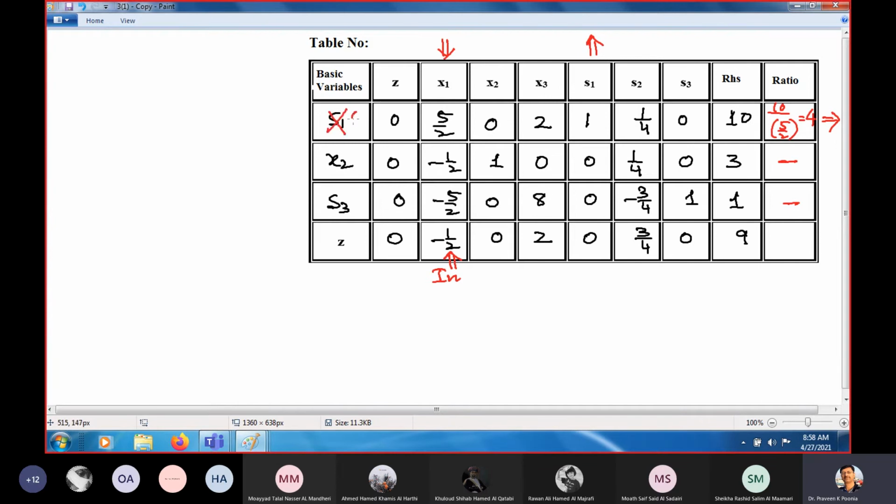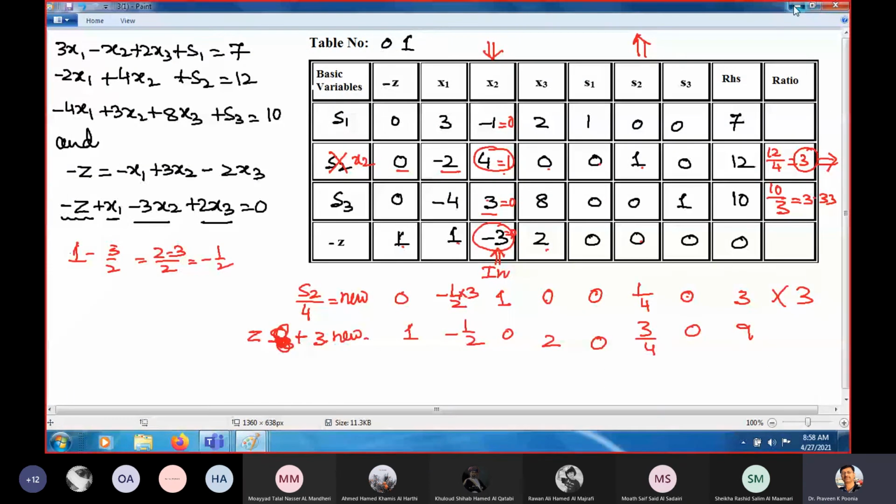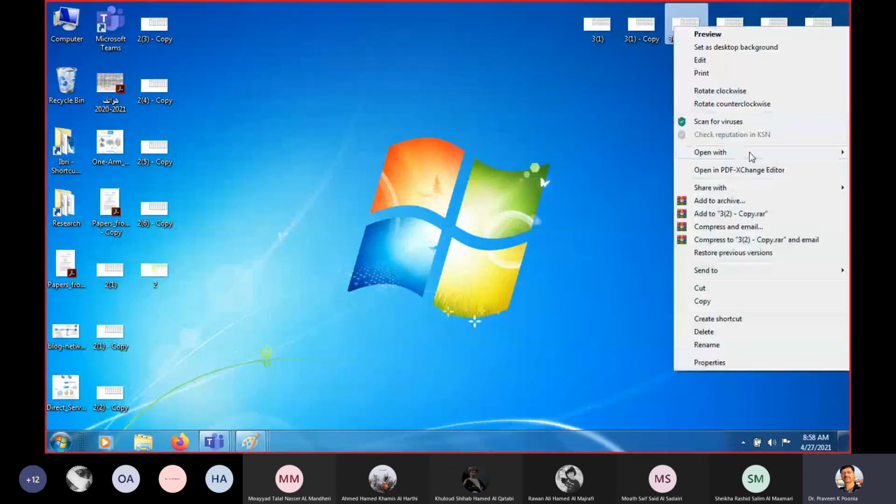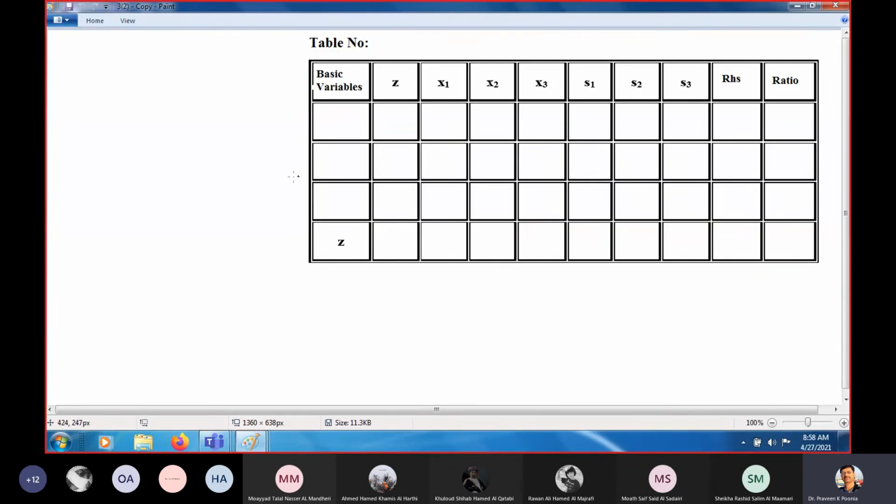So the new table will be X1, X2, S3. This is table number 3.